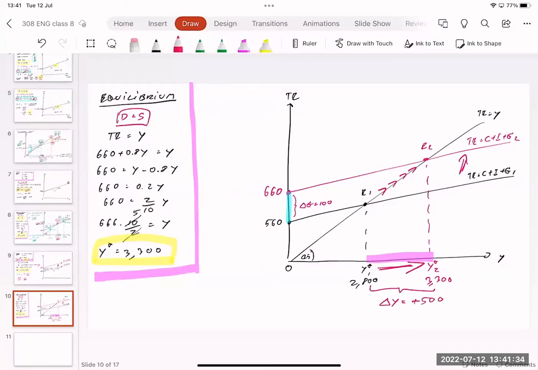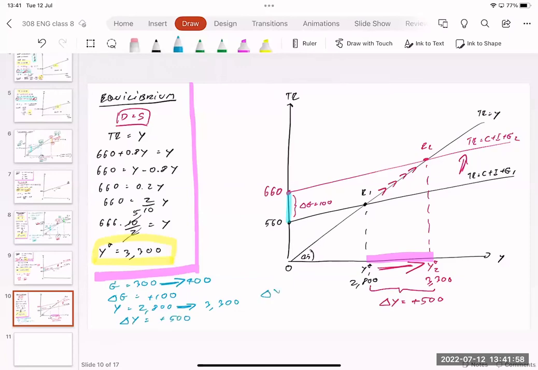You see that? Let me write it down in detail over here. The government spends more, from 300 to 400. Delta G equal to 100. But the GDP increases from 2,800 to 3,300. Delta Y, the change of Y, equal to 500.